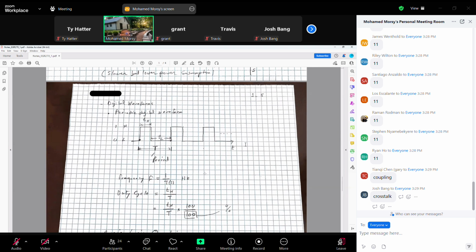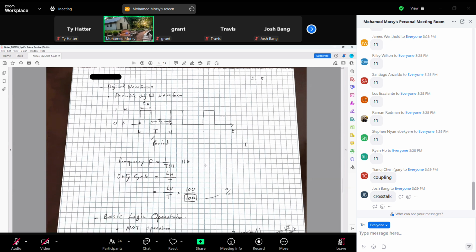Digital waveforms. This is called the digital waveform. Any signal, you can call it waveform. Simple. Okay. So this is a periodic digital waveform. Periodic means we have periodic or non-periodic. Periodic means the pattern of the signal repeats itself each big T. What is big T?